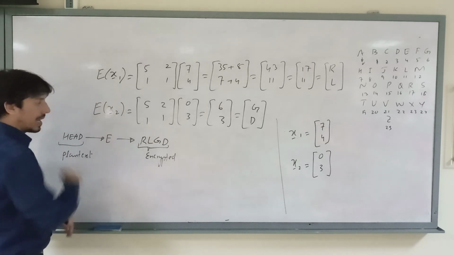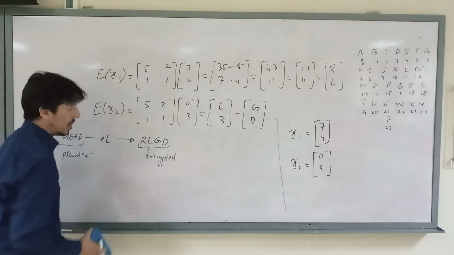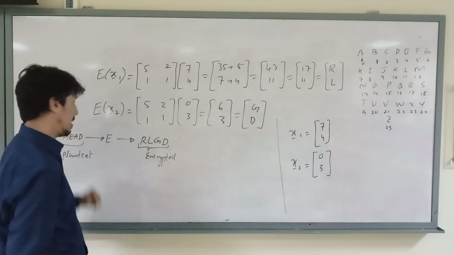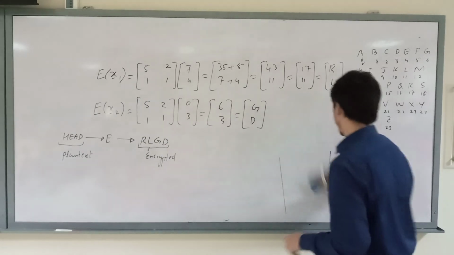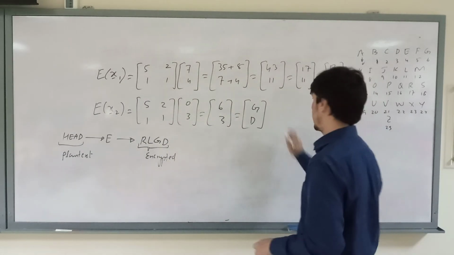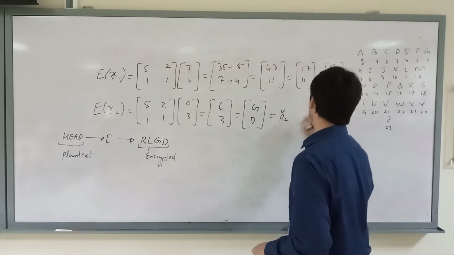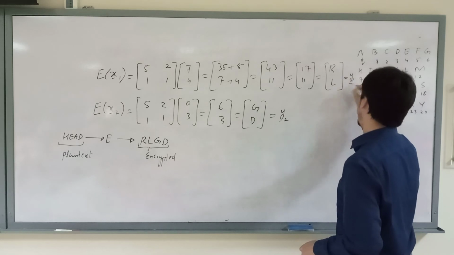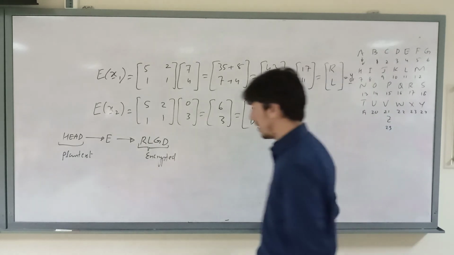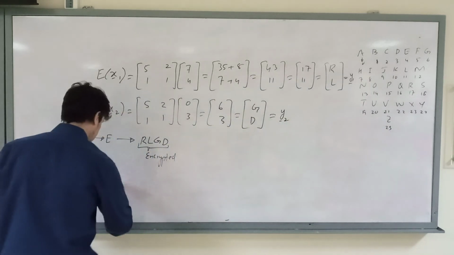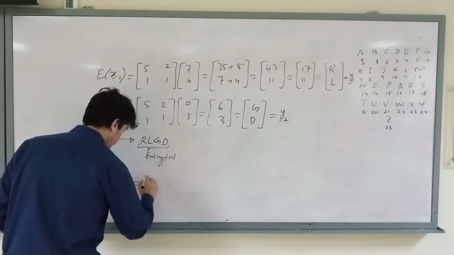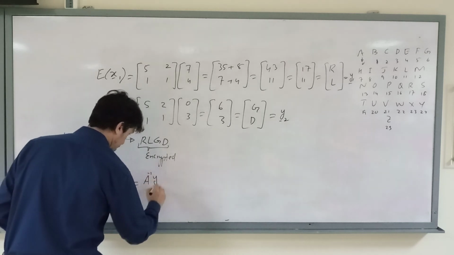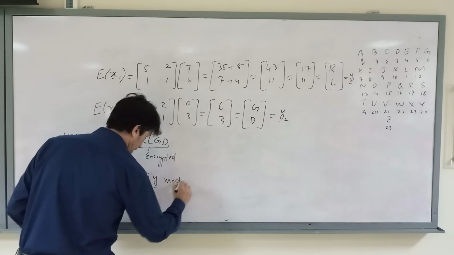So I have to apply decryption in order to get back my original plain text. I call these y1 and y2. For the decryption function, I have to find the inverse under mod 26.